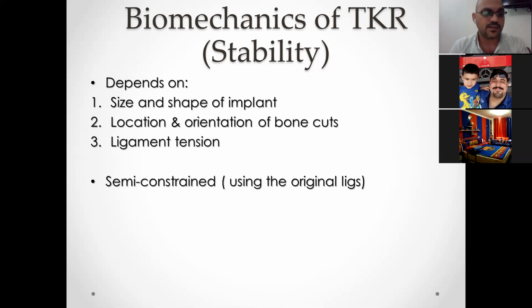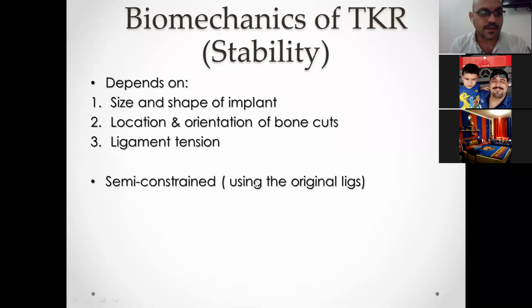And this requires preservation of the native medial and lateral stabilizers, namely the PCL, the LCL and the MCL. You can see that there are some names like semi-constrained. In a semi-constrained total knee, we use the original ligaments, especially the MCL and the LCL.